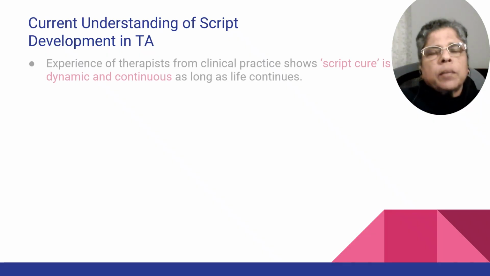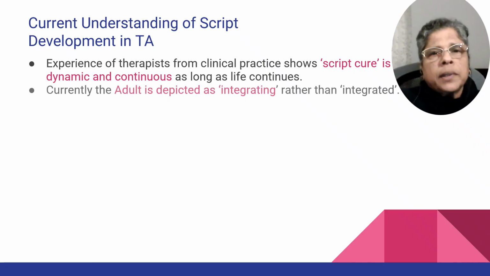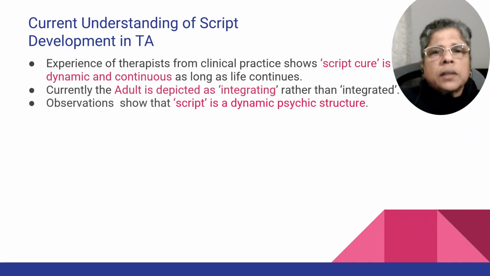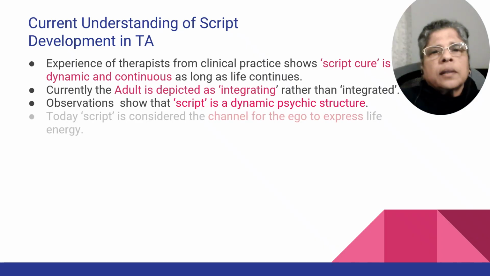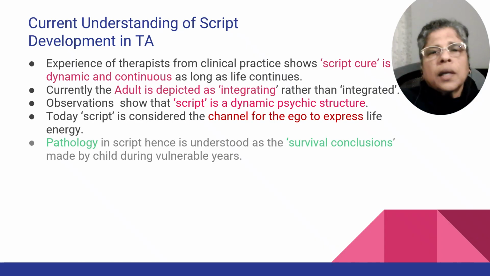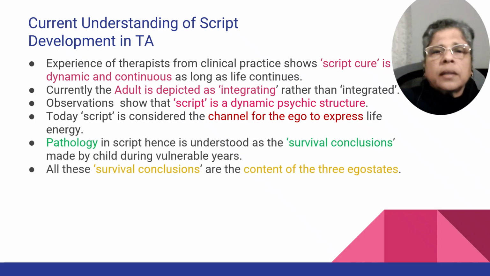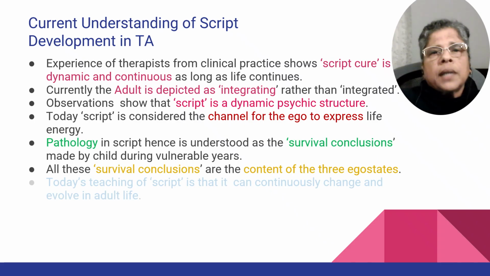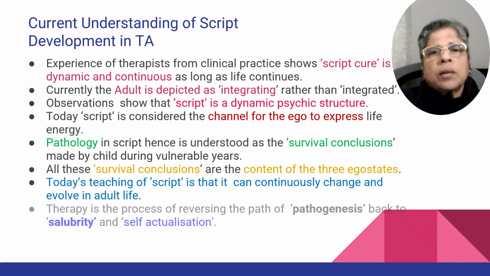This slide is summarizing the current thinking about script development in the TA community. Observations show that script cure is a continuous process as long as life exists. Currently, in this concept, adult is described as integrating adult, not integrated adult.